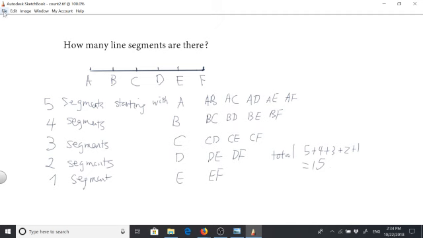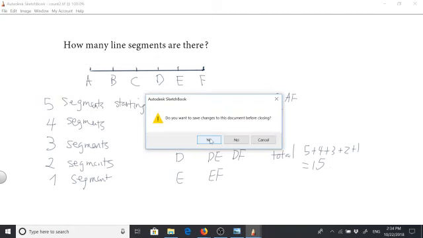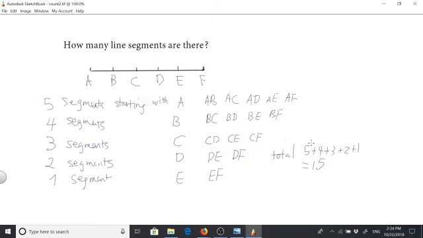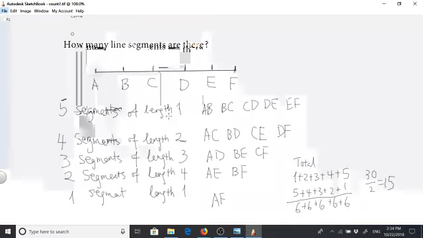And we can actually look at what we did before. See, when we count according to the length of the segment, we also get a bunch of segments with all these letters. So what does that suggest?